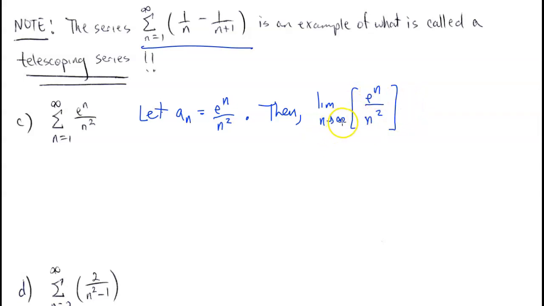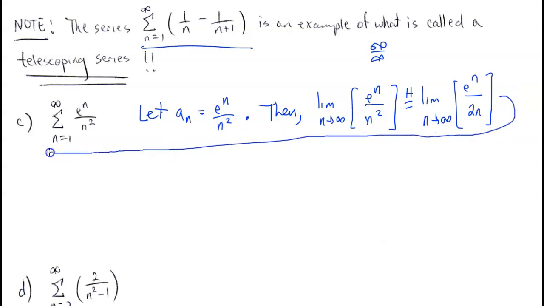If I plug in infinity for n in the numerator and denominator, I get an infinity over infinity case, which lets me know I can use L'Hopital's rule. L'Hopital's rule basically says I need to take the derivative of the numerator and denominator separately. If I do that and plug in infinity, I get infinity over infinity again. So I am going to have to use L'Hopital's rule one more time.